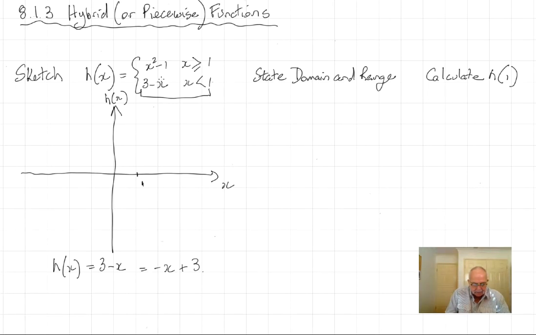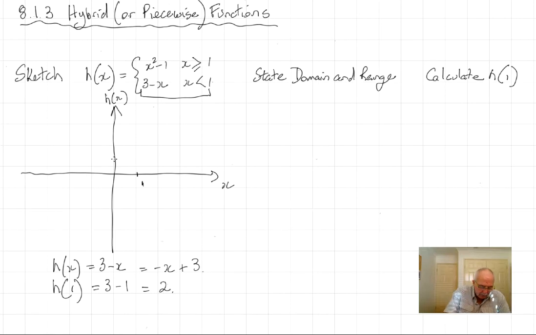So as long as x is less than 1, it's going to behave like 3 minus x or minus x plus 3. So it may be worthwhile just to calculate h of 1. That'll be 3 minus 1, which will be equal to 2.